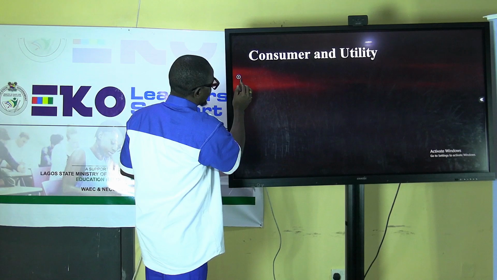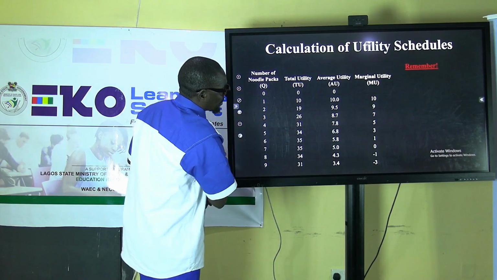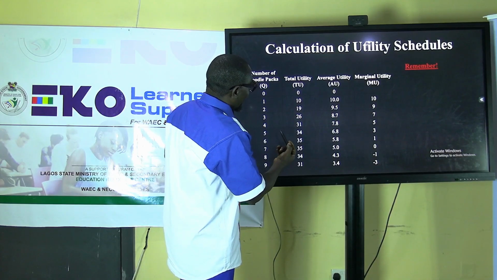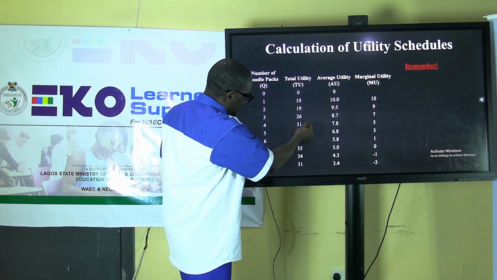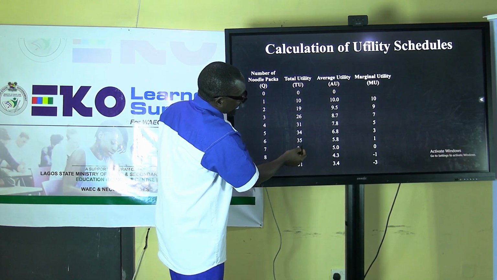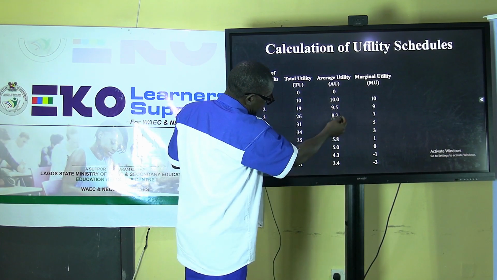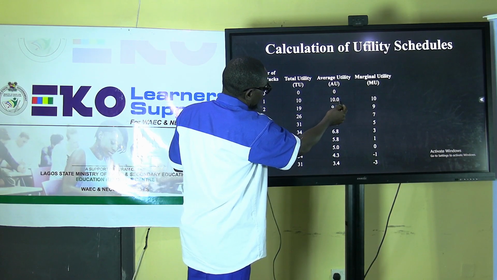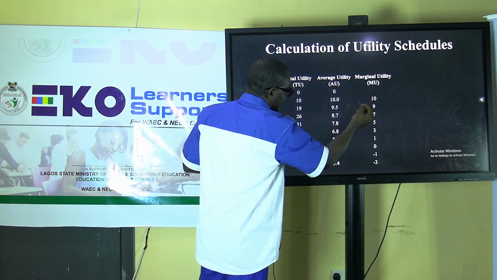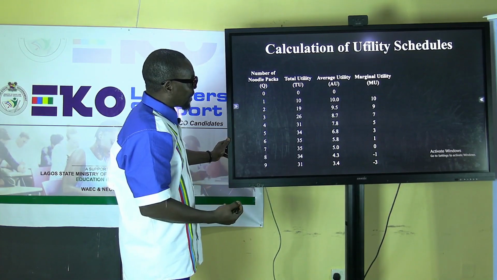So we saw that as our total utility was increasing, it got to a peak at 35. Our average utility also is at a peak, at 10. Average utility is at 10, and marginal utility is highest also at 10. So this schedule can also show those relationships, which we represented on a graph.